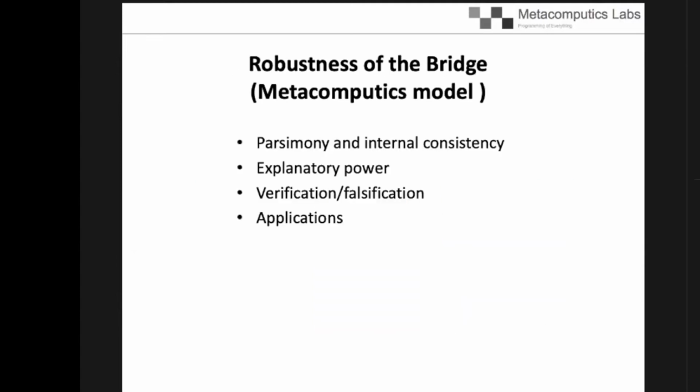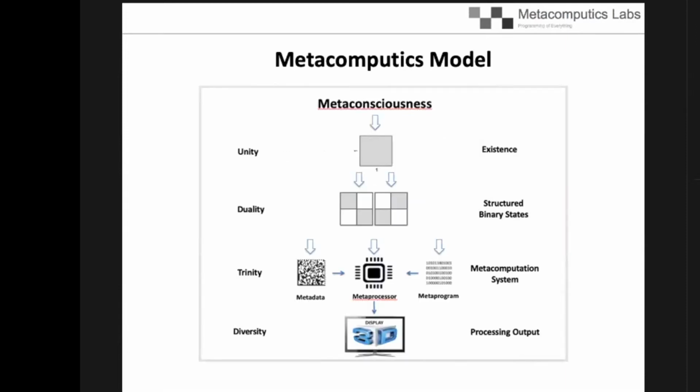We'll analyze the bridge in terms of its parsimony and internal consistency, its explanatory power, its testability, and its applications. The graphs summarize the model very well. So we started with meta-consciousness because we adopted a monolith philosophical stance.